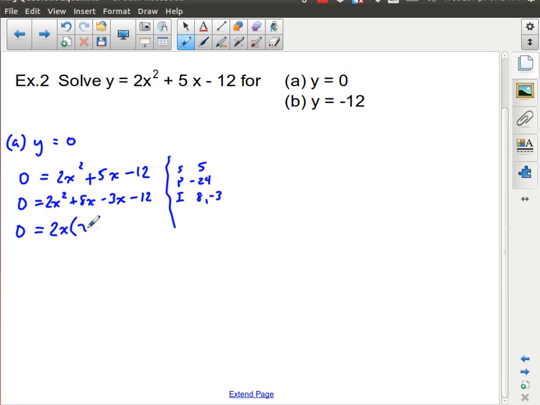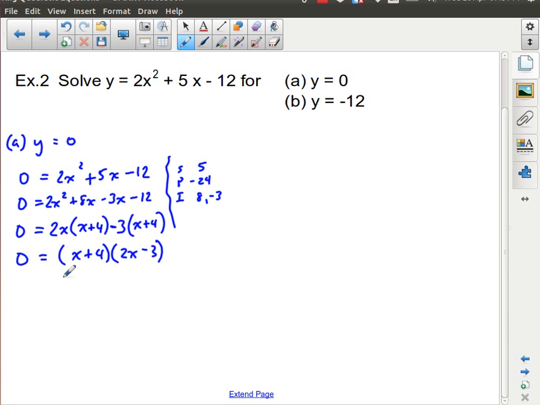And that leaves another factor of x plus 4. I bring down the negative sign here, and there's a common factor of 3. So that leaves an x, and that's going to be plus 4. So 0 equals, we've got a common factor of x plus 4 and 2x minus 3.